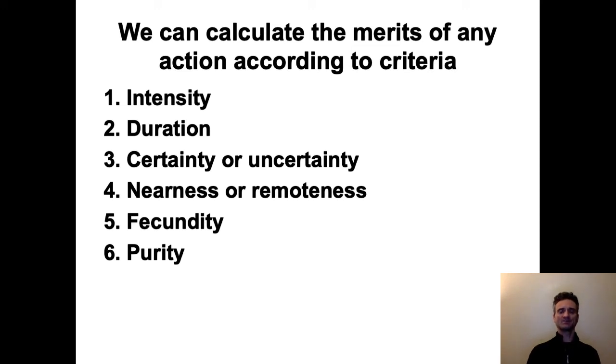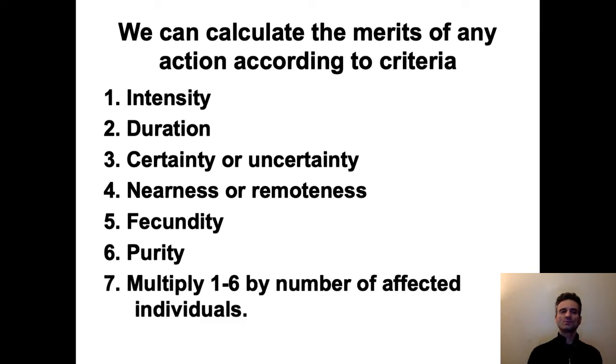Remember earlier I spoke about the fact that you produce a certain amount of happiness by acting in a certain way, but very often your actions, though they produce happiness, also produce, in concomitance, some pain, some suffering. And so we have to calculate that too. How pure is the pleasure?